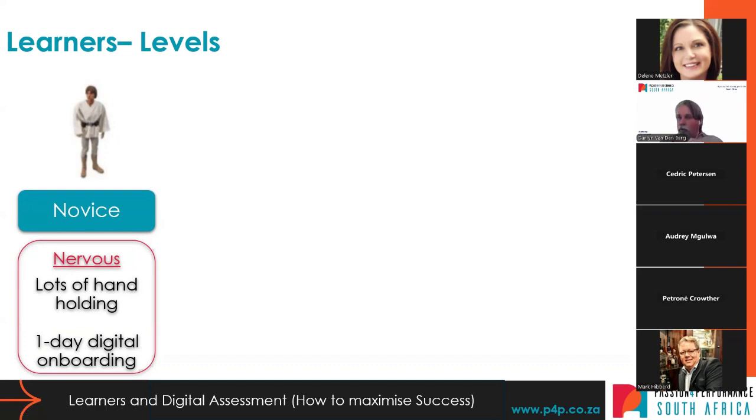Your novice learner, when they have to build a portfolio of any kind, when they come on training, they are super nervous and they need lots of hand holding. So between your training sessions, your modules, or between your competency assessments, or your designation assessments, or your occupation assessments, the learners need to be supported, and their support is all around using the digital platform.